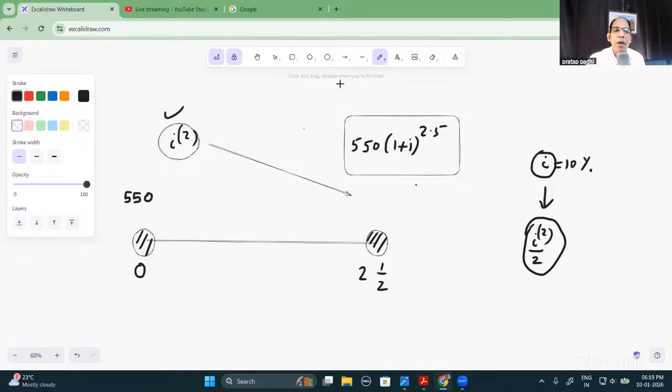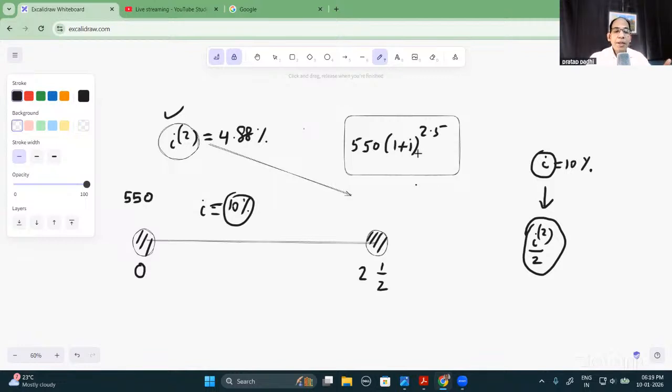Now see, for example, I2 is given 4.88%, but this is not exact for I 10%, right? Suppose you apply this formula, the calculator will give you 10%, and you use it here, that will not be the exact answer, the approximate answer you get.